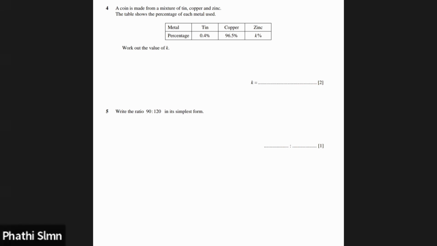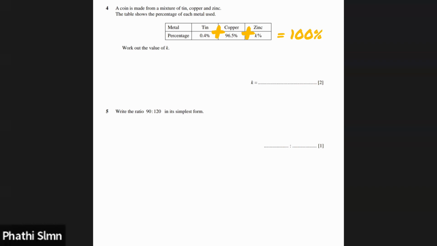Well, remember, if a coin is made out of those 3 metals, what is the total percentage of the metals that the coin is comprised of? 100. It's 100. So now already we are told that our tin is 0.4 and our copper is 96.5%.